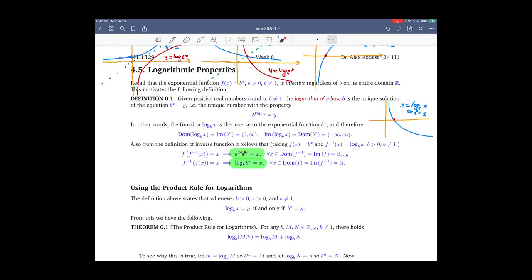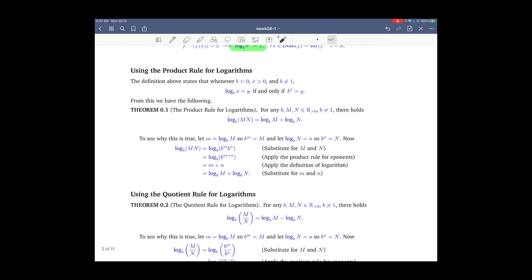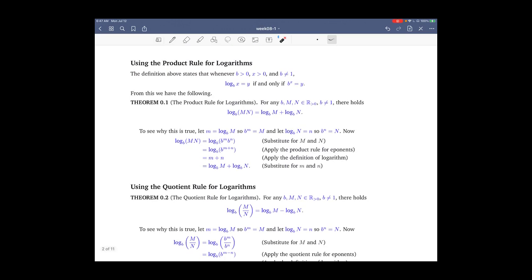So once we recall all these facts, we can now start talking about various properties of the logarithmic function. The first of them is the so-called product rule. You will see, by the way, that logarithmic properties mimic those of the exponential function.